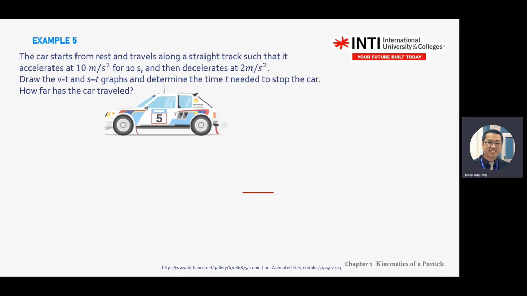Then answer your question, why we cannot use y equals mx plus c equation? Why we cannot use a slanted one? It is increasing. But this statement, it tells you what? It's accelerated at 10 meter per second square, means constant.